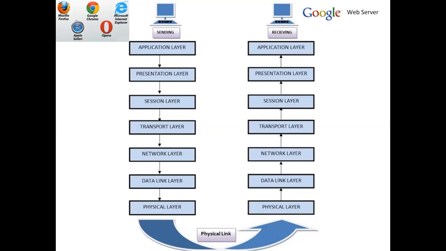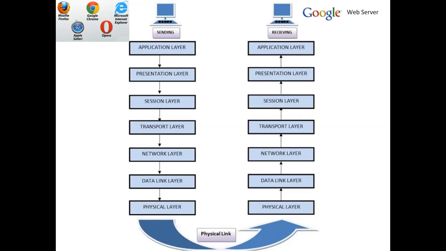Then it is known as the IP address, IP version 4, IP version 6, or in IP you will find class A, class B, class C, class D, and class E. And every class, that is class A private public, class B private public, class C private public. So such type of addressing is used at a network layer. And whenever you go for the transport layer, normally port addresses are used.